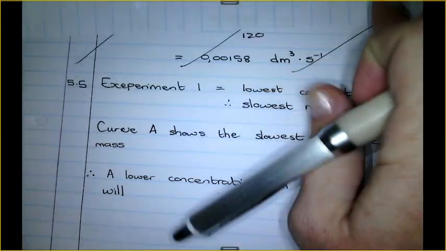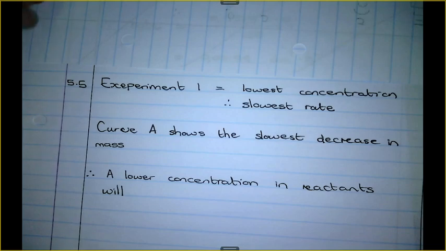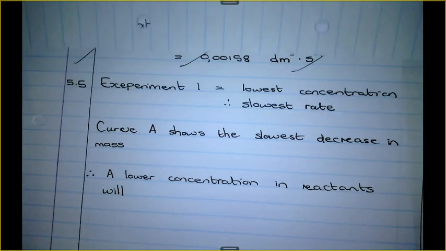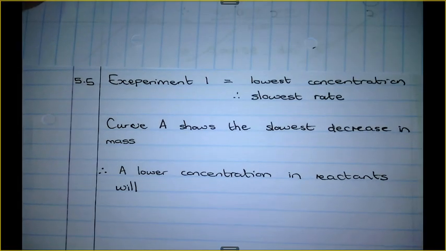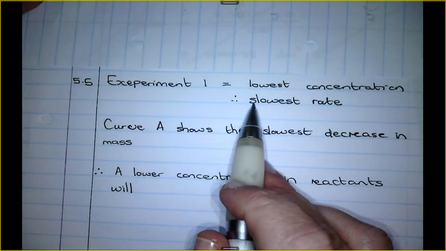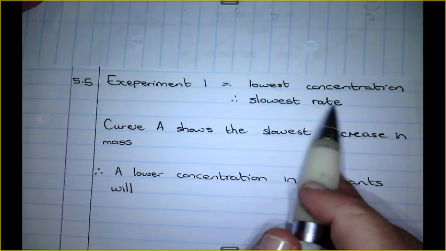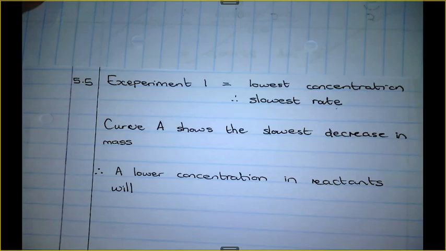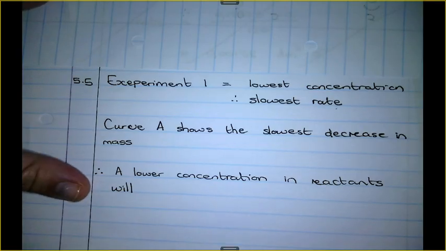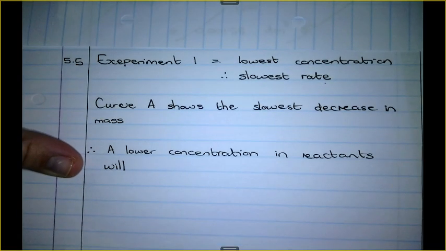Experiment 1 has the lowest concentration, and therefore it must represent the graph with the slowest rate, which is graph A. This is kind of where my brain ran out of time yesterday.